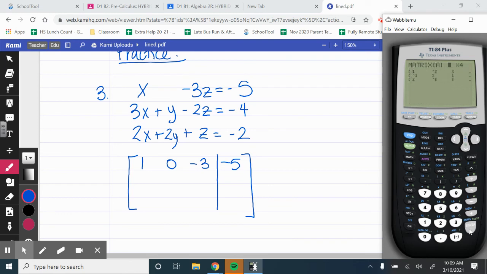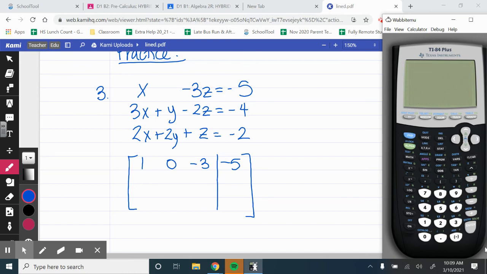So if I want to edit this right on top of it, I'm just going to type over it. So 3 by 4 is still a 3 by 4. So this is going to be 1, 0, -3, -5, and then 3, 1, -2, -4, and 2, 2, 1, -2.